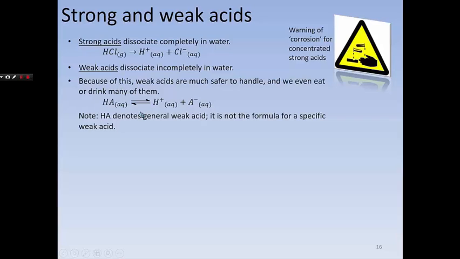It only denotes weak acids in general. The dissociation or ionization of weak acid is not as complete as the strong acid, as we can see here.